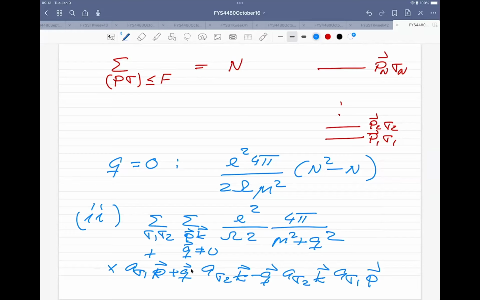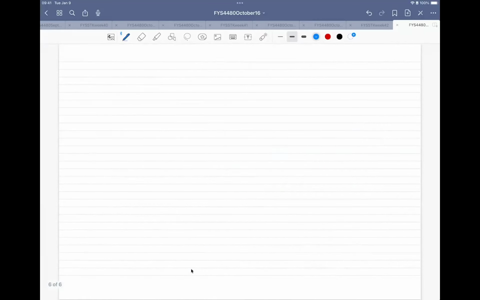So now we are going to look at the different terms, because in principle, when we look at these kinds of interactions, the way you should think of this is that we have a direct term and an exchange term.